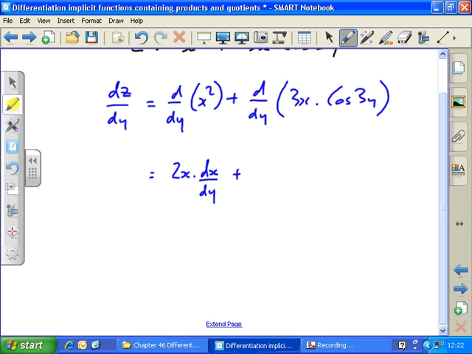plus, now this one involves using the product rule, the first part multiplied by the differential of the second plus the second part multiplied by the differential of the first.